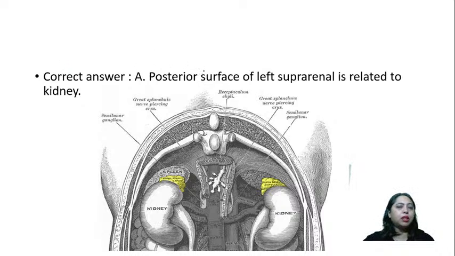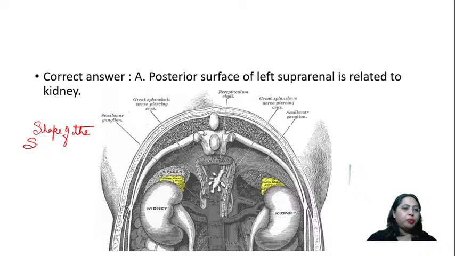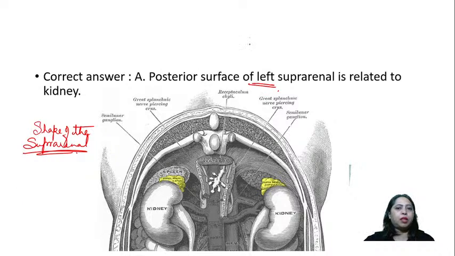Posterior surface of the left suprarenal is related to the kidney. It depends on the shape of the suprarenal. What is the shape?